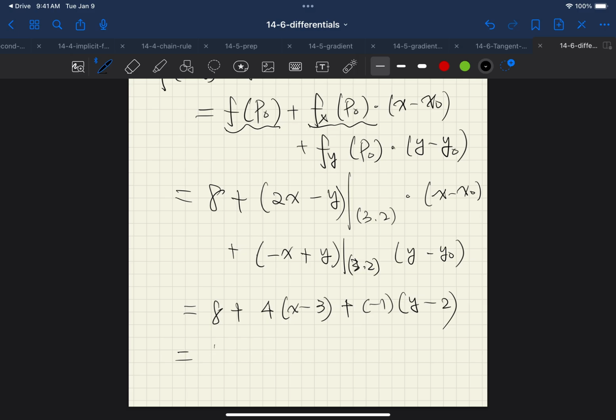So if I rearrange, 4x and negative 1y, and the rest of the terms you can combine, 8 minus 12, which is negative 4, plus 2, which is negative 2. So this is the approximation, which is L(x,y).